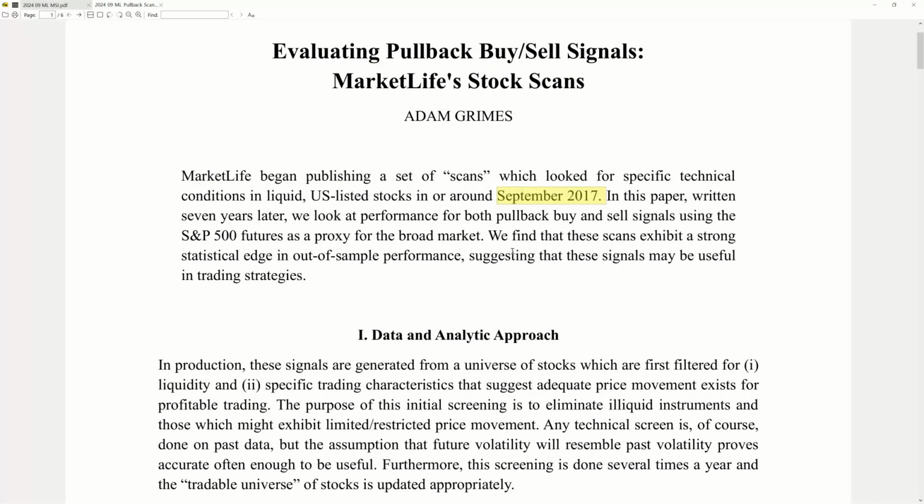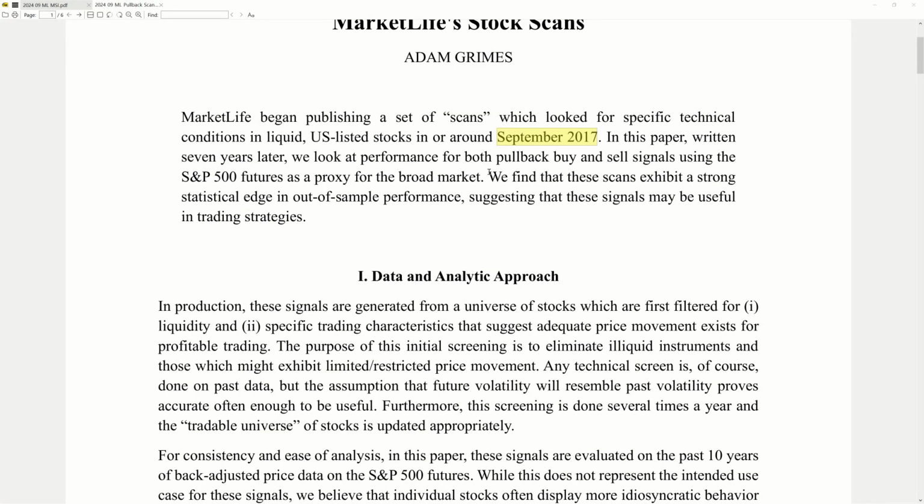So there's a clue. We're looking at stock scans here, but these algorithms came from multi-asset approaches and multiple time frames. This was something that I never shared with anybody, so I always kept it kind of close to the vest.